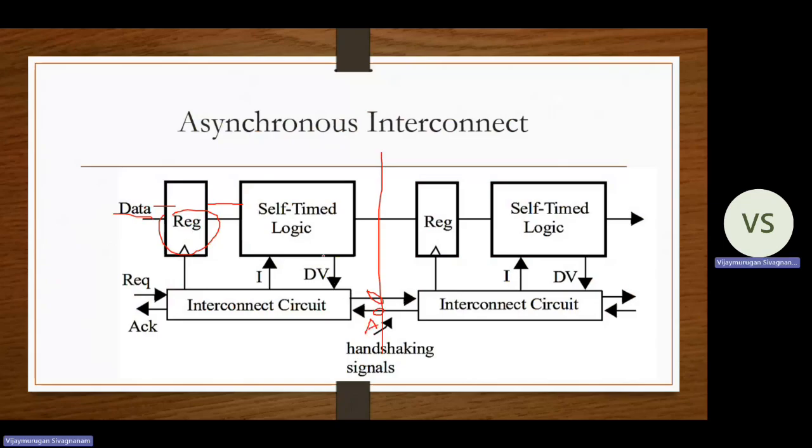Module 1 sends a request signal to access module 2. Module 2 gives the acknowledgement signal to allow access. So it's a handshaking signal. Here also DV is the valid data, and I represents applying the input values. So this is the asynchronous interconnect block operation.